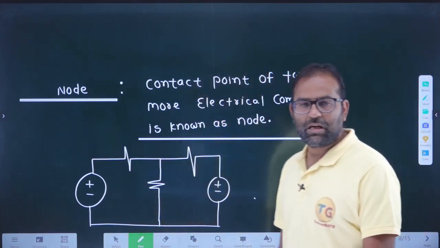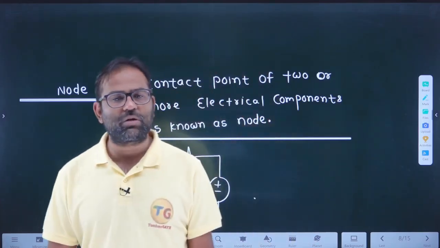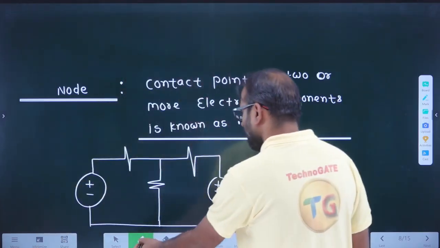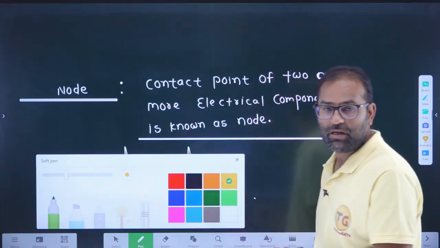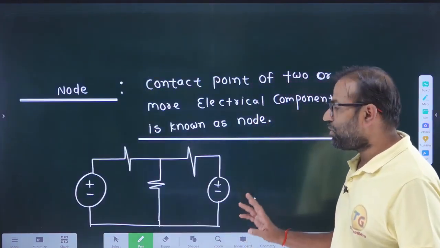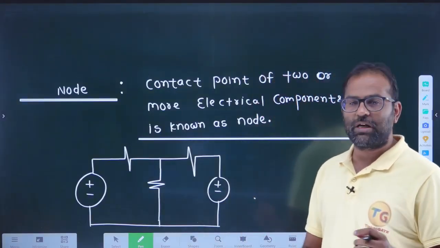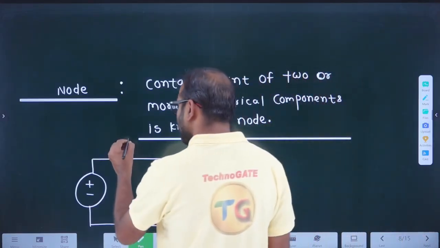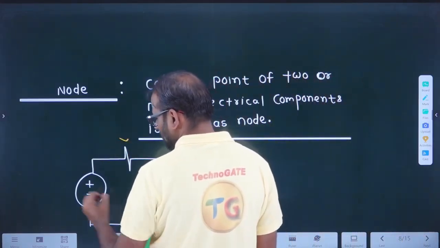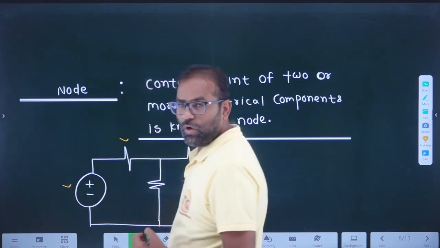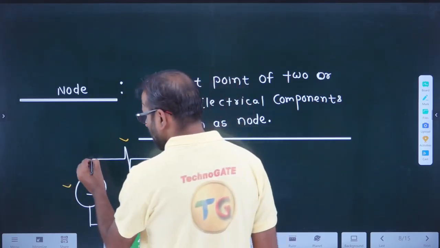Then I am interested in knowing how many nodes are available in this. What is the fundamental question? The fundamental is how many nodes are available. So let's apply the definition: the contact point of two or more electrical components. One component is this and one component is this. The contact point of two electrical components is known as node.